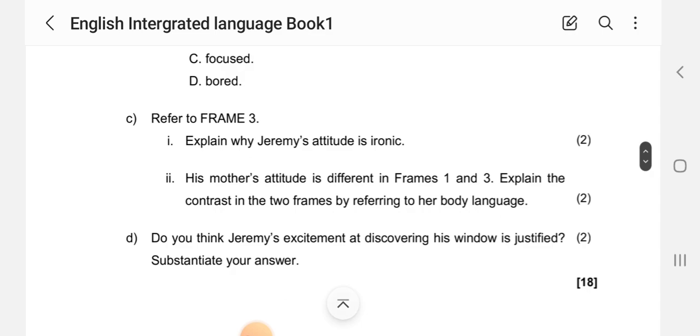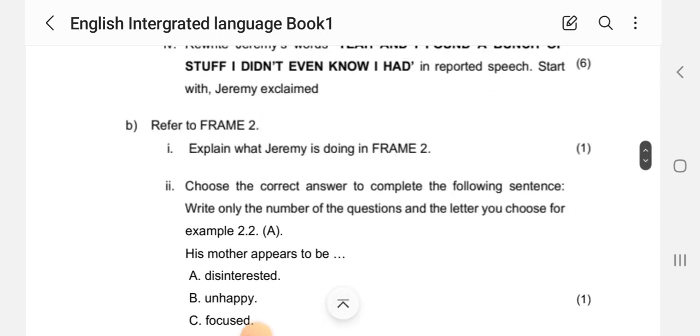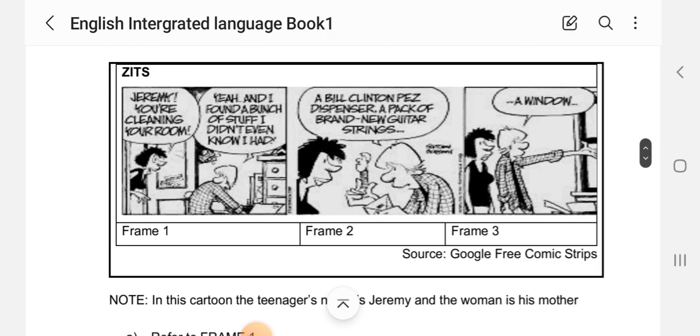And then now we're referring to frame 3. Explain why Jeremy's attitude is ironic. Because he is pointing to a window he thought he never had. Look at him, excitedly pointing at a window he thought he never had while he stayed in that room.